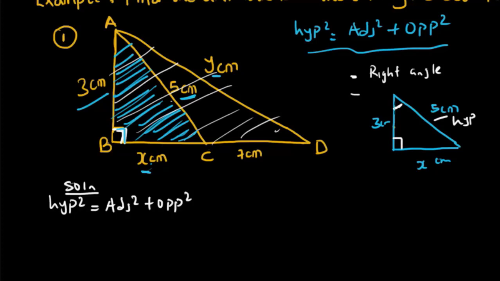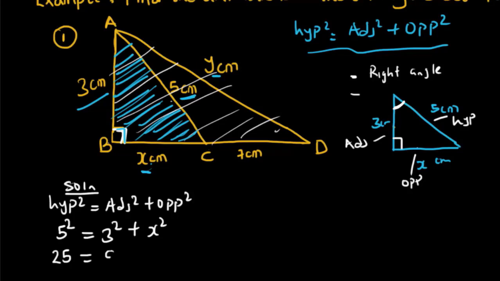So if we say the angle is here, this side is the opposite and this place is the adjacent. So can we slot this into the formula? 5 square equals 3 square plus x square. 5 square is 5 times 5 equals 25, and 3 square is 3 times 3, 9.